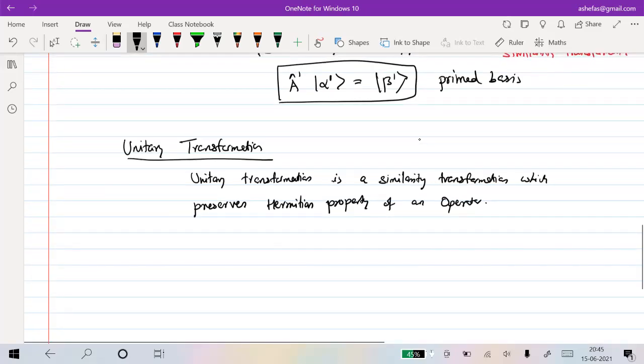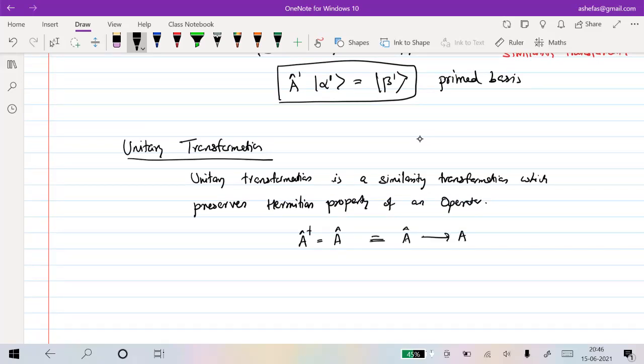So that is, suppose you have a Hermitian operator, which is A dagger equal to A. Now you can transform this Hermitian operator A to another basis A prime, such that A prime equal to U A U inverse. So this A prime is an operator in the different basis.